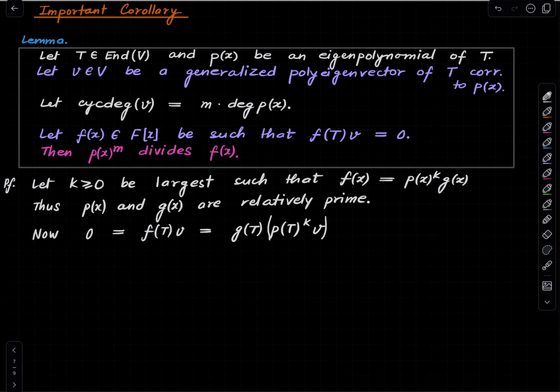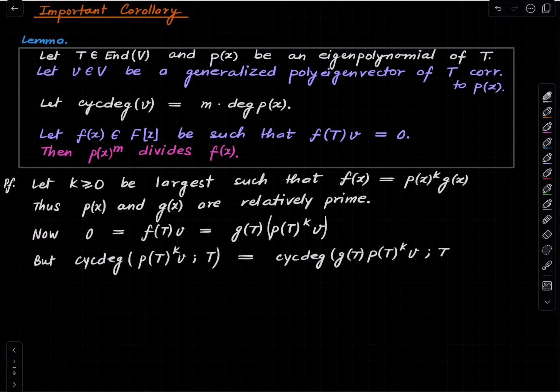But the cyclic degree of this thing is same as the cyclic degree of this thing. Why is that? Because gx is relatively prime to the eigenpolynomial px. Therefore, by the previous proposition, the cyclic degree of this vector is same as the cyclic degree of this vector. This is exactly what the previous proposition was.